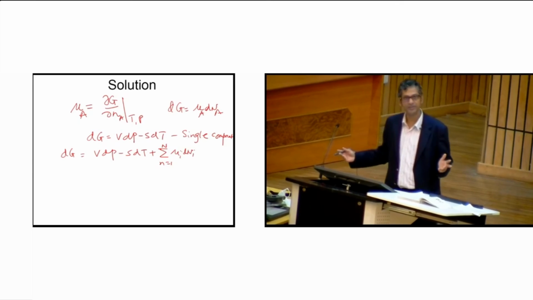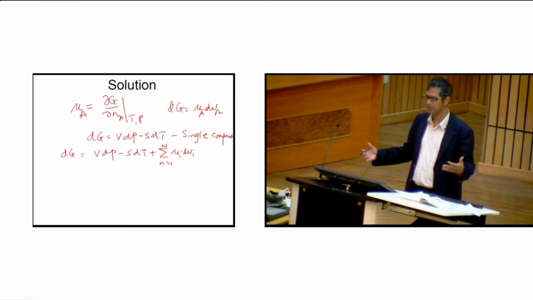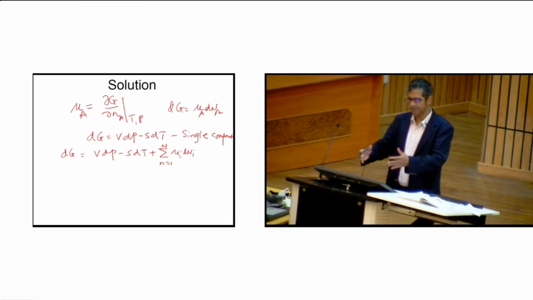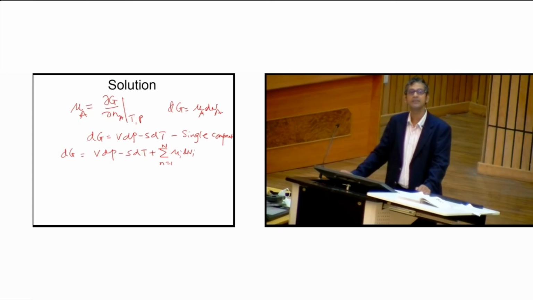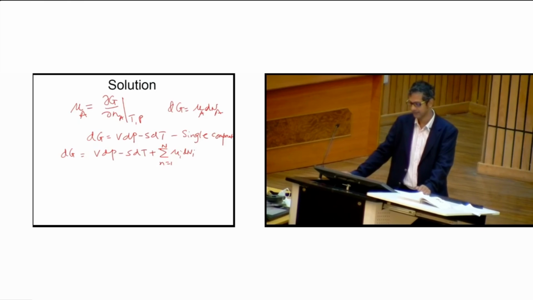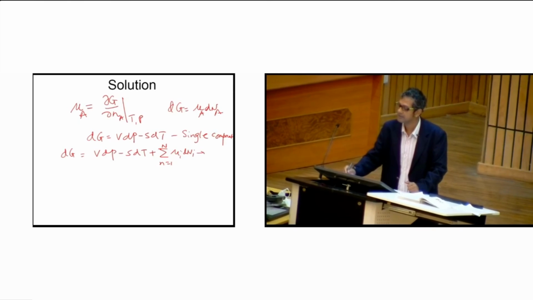You have many components A, B, C, D, F, G, H. In a solution, like in a gas mixture, you have so many components, like oxygen, nitrogen. So you have to consider everything here. The change of the free energy has to be related to the effect of all of these: mu_1 dn_1, mu_2 dn_2, mu_3 dn_3, like that. Correct? That's the difference between the single component system and a solution, right?